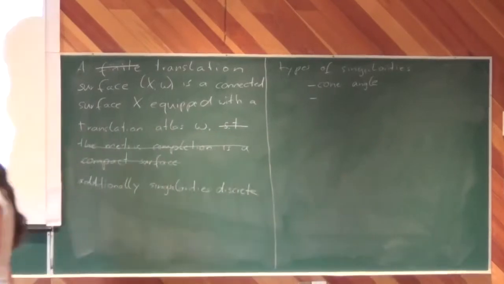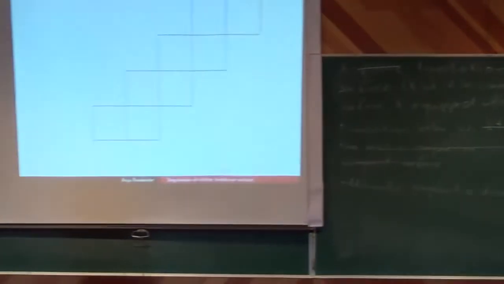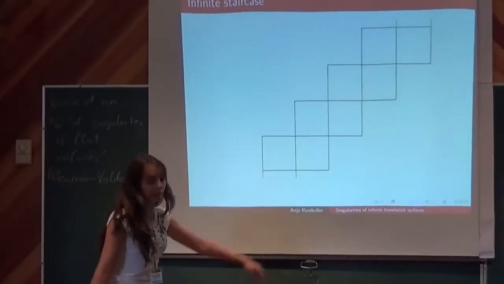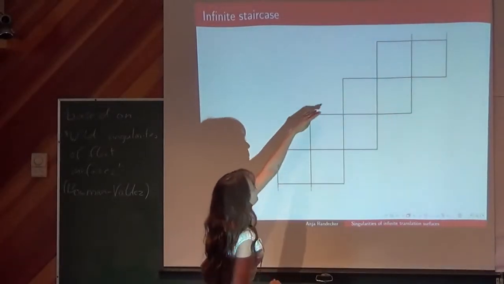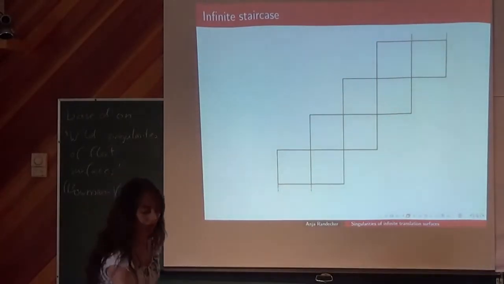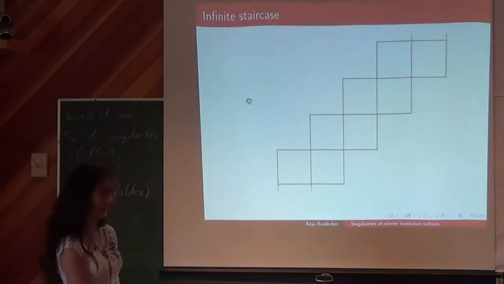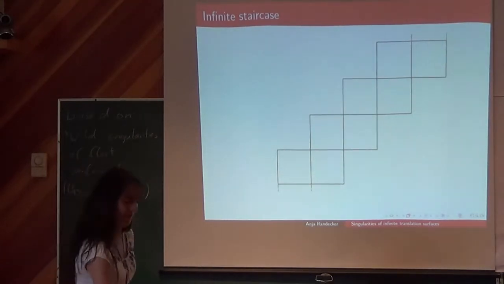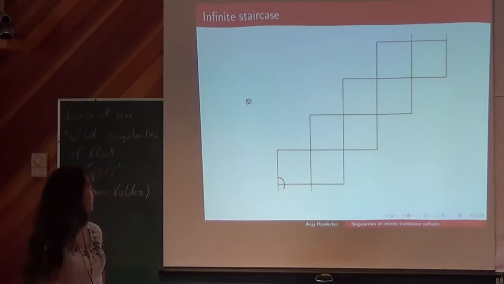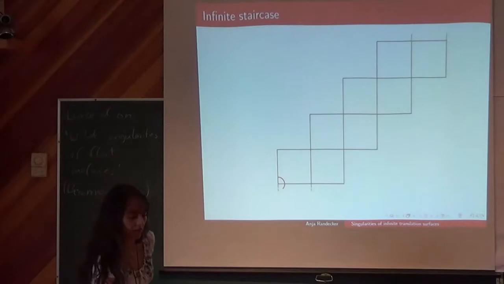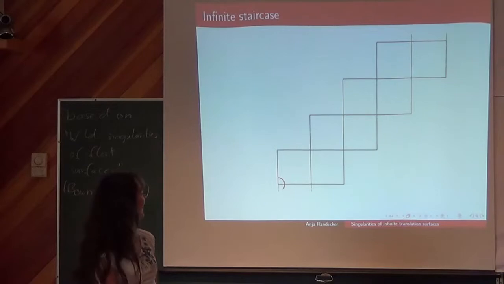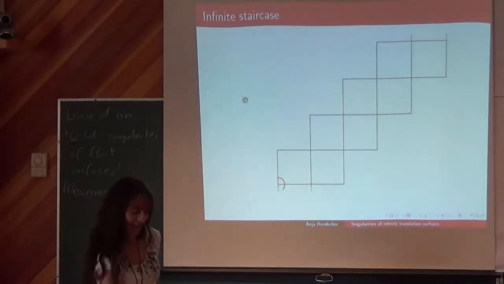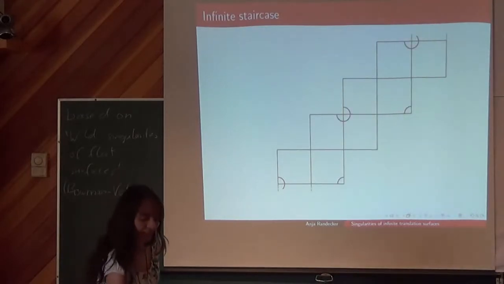An example is this infinite staircase. We can start with this point and look where we get. This side is eventually this side, and this one is this one. We start here, we start with this point and we look where we get.